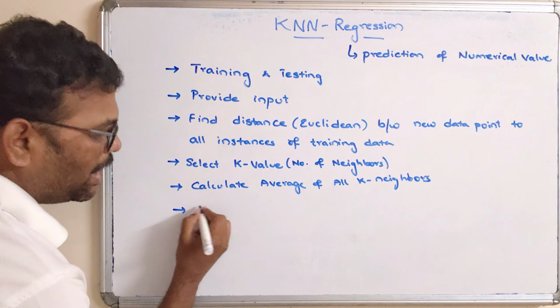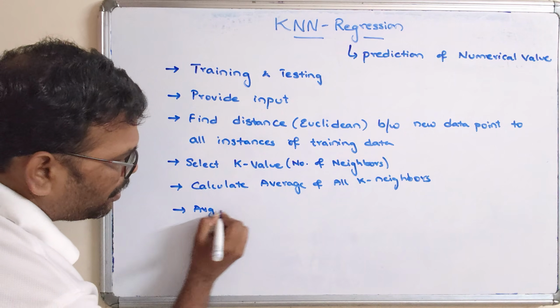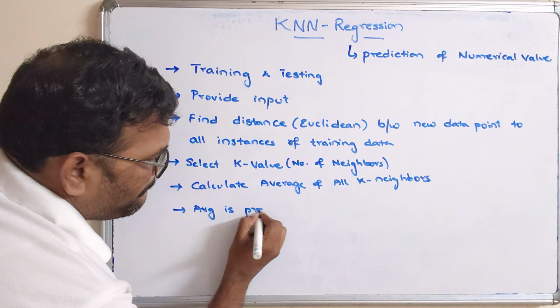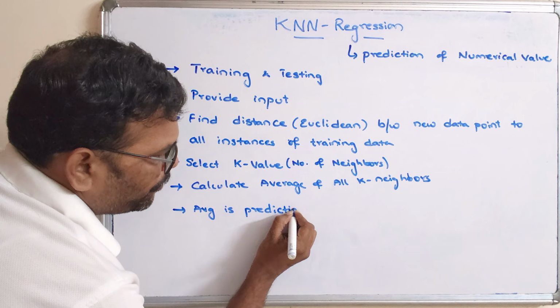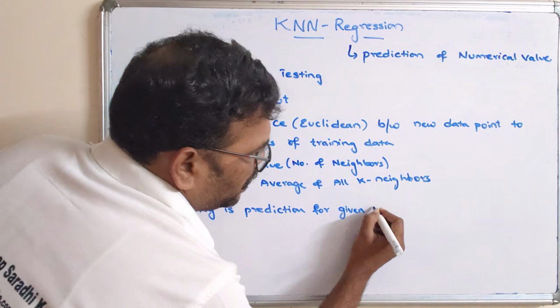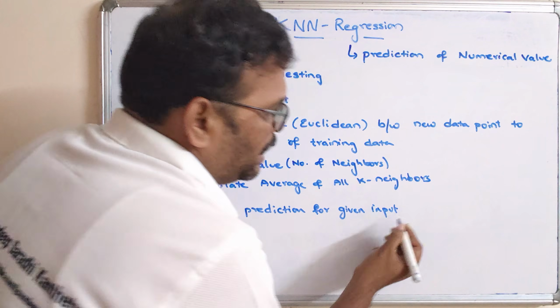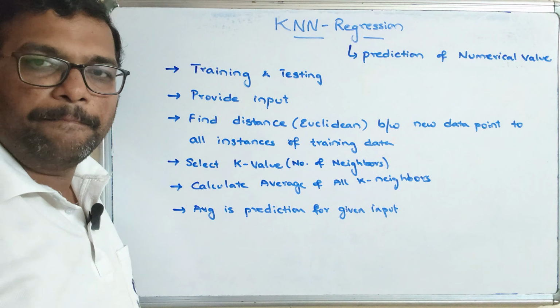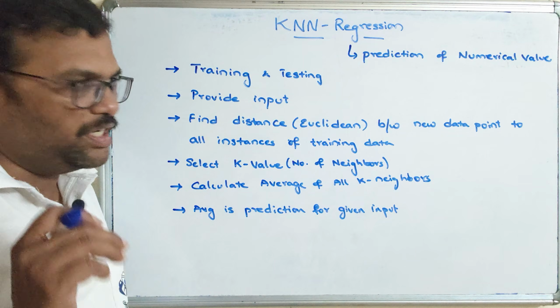And this calculated average is the prediction for the given input. Whatever input we have given, for that input this particular average is the prediction. So hope you understood, it's very simple.